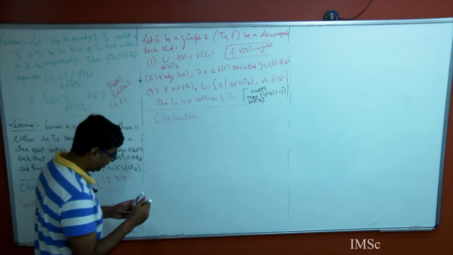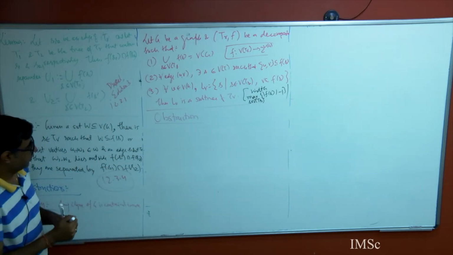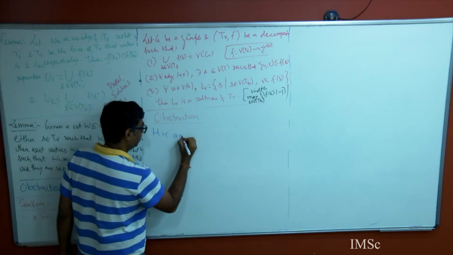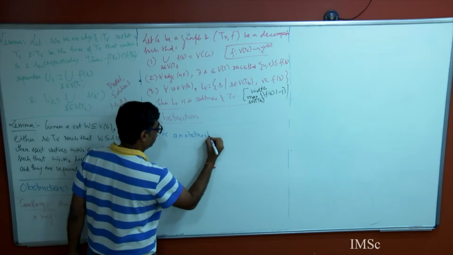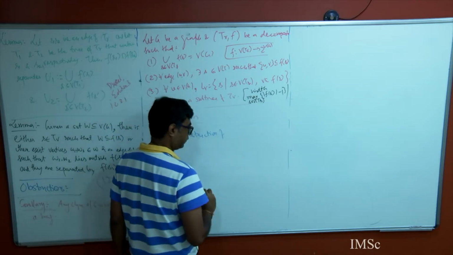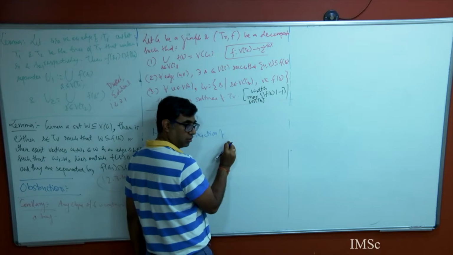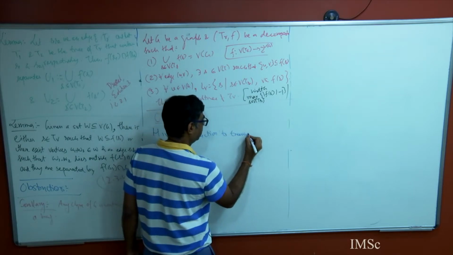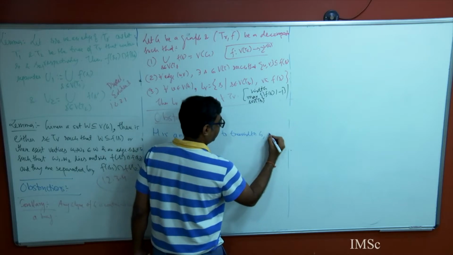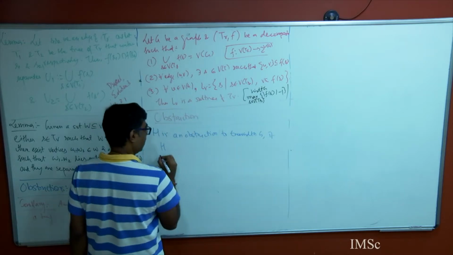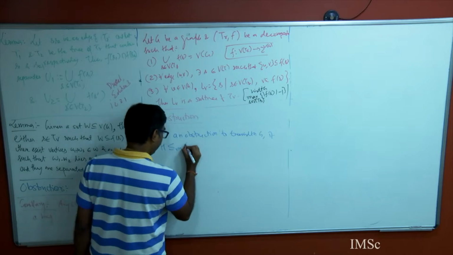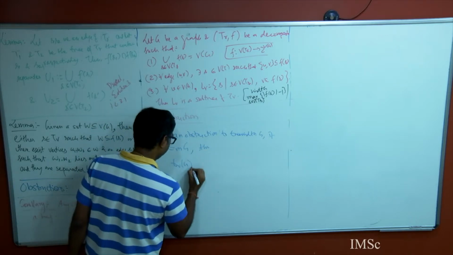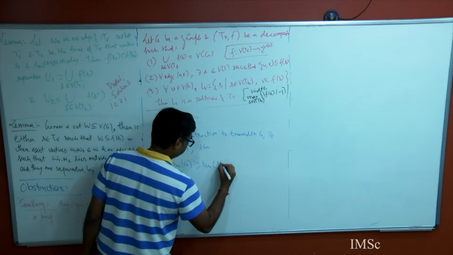What is an obstruction? I will say H is an obstruction to treewidth of G if H is a minor of G, then treewidth of G is at least treewidth of H.